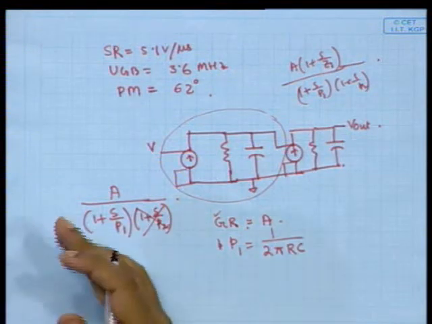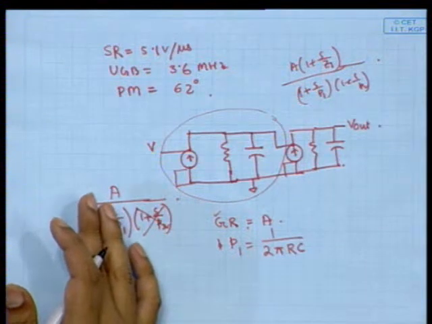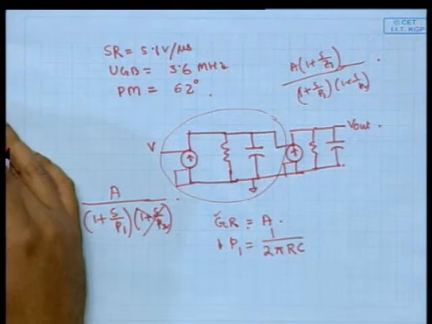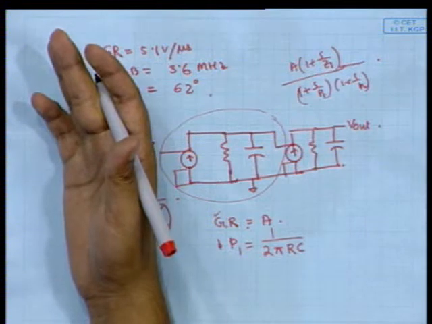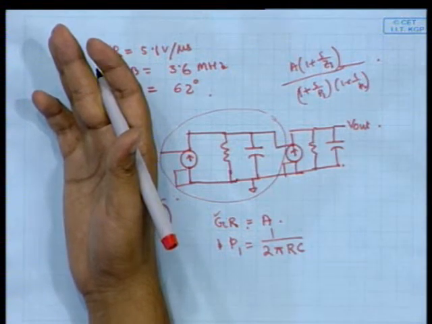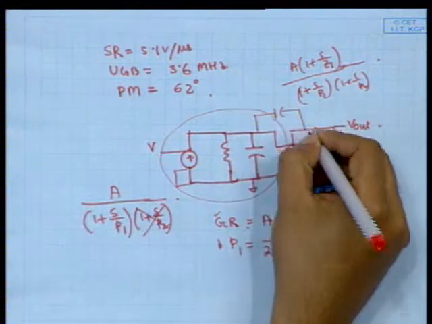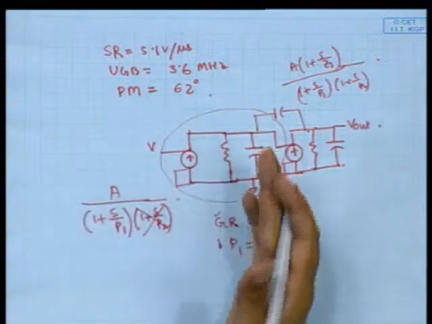Depending upon your R2, R3 and previous stage R1, you can model this transfer function also. Your right hand pole, how can you model this one? What appeared in your op amp actual design? Yeah, you just use it in this way. That will model your right hand pole.